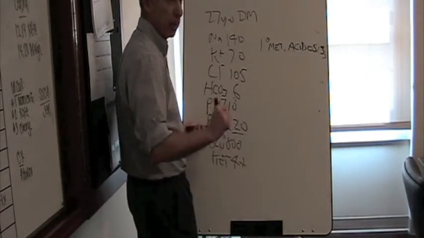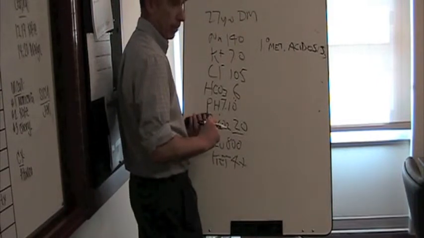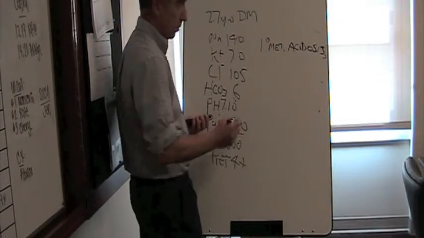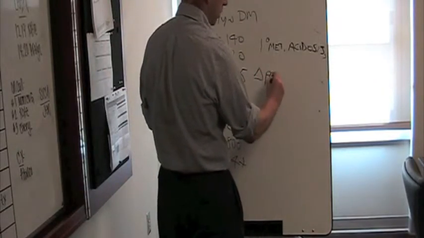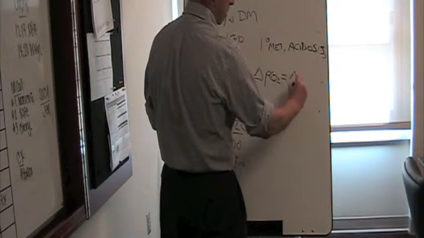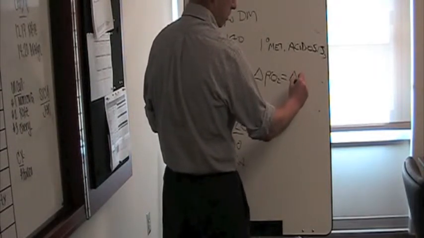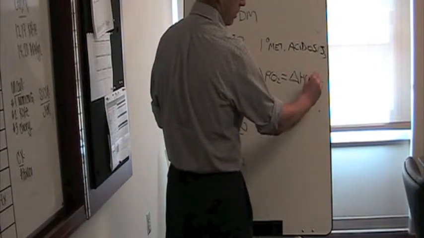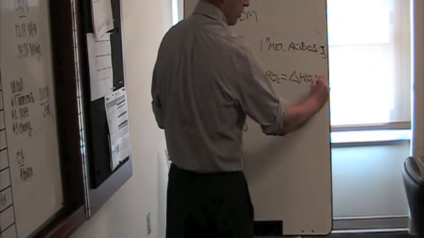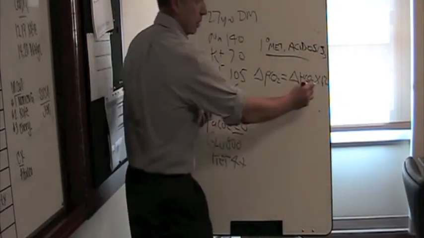And so the question is, is this normal compensation or not? The next step, right? So how do you figure that out? The change in PCO2 should be equal to the quotient, which is 1.2, times the change in bicarb, the factor being 1.2 for a primary metabolic acidosis.